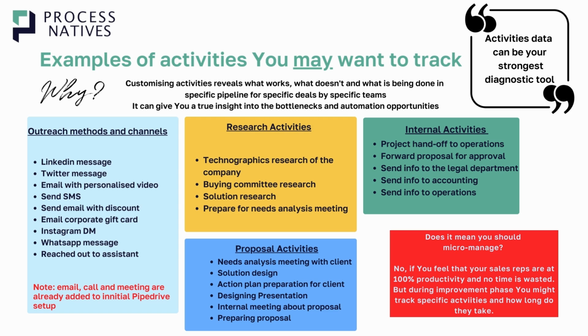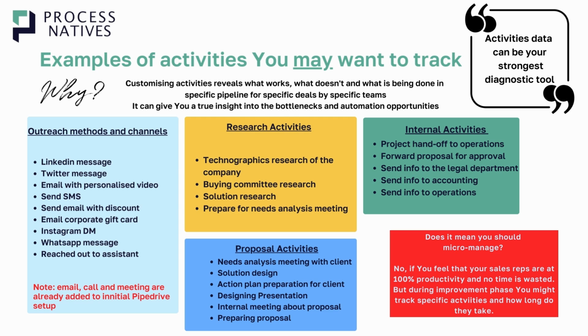Second, as sales reps are actively documenting activities on Pipedrive, they're also guided by choices that you added and are reminded of what should be done. The final one is that while creating a list of activities, you could identify automation opportunities or simple things like email template usage gaps. Here we have four different types of activity groups as examples: outreach methods, research activities, internal activities, and proposal activities. Each business can have more or less.